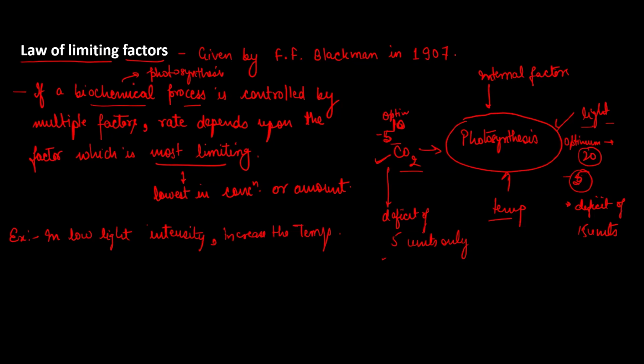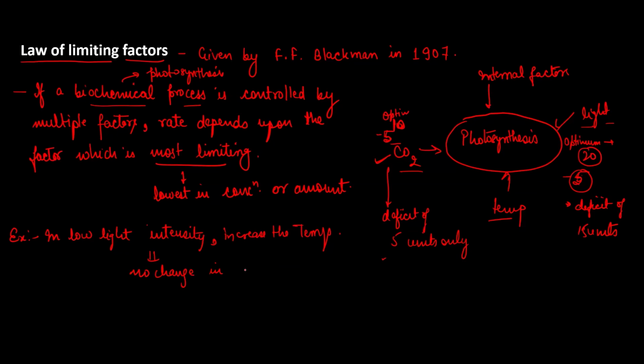Your light intensity is less than the optimum light intensity, but you are increasing the temperature. Will your photosynthesis increase, decrease, or there will be no change? In this case, with low light intensity, no matter how much temperature you increase, the photosynthesis will not increase. So there will be no change.